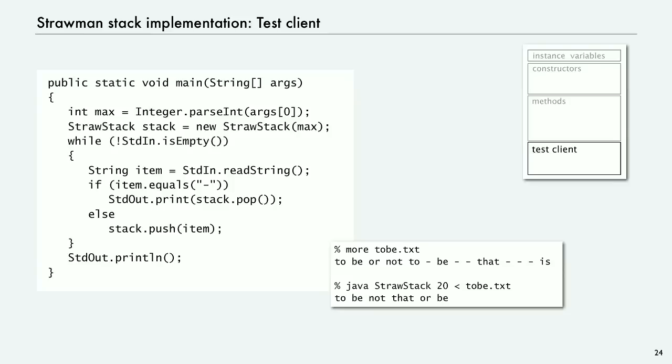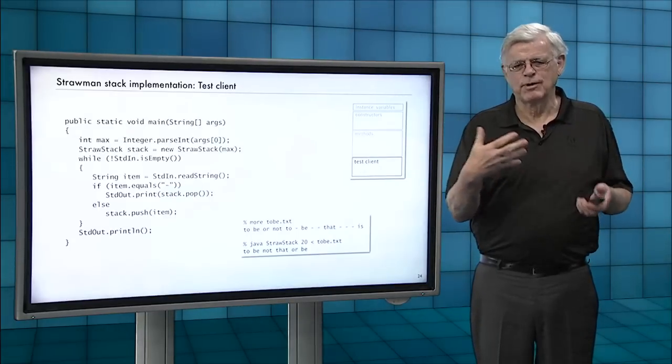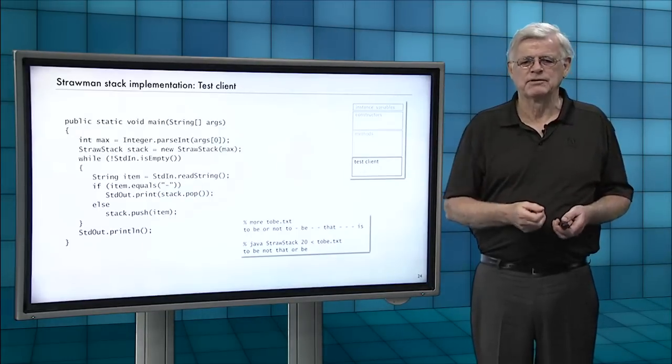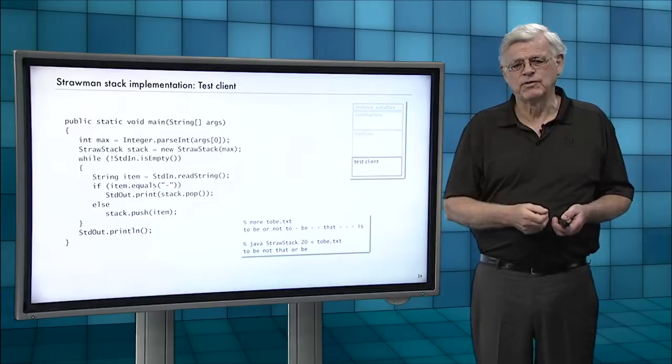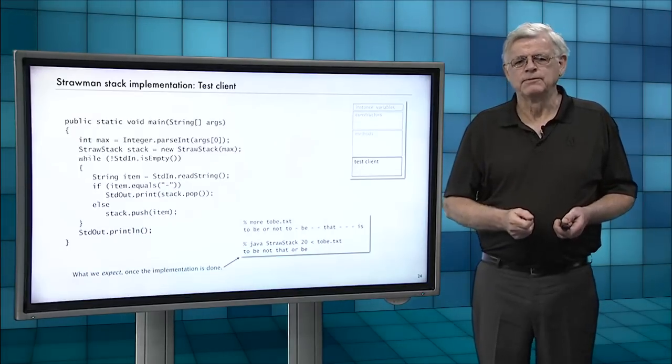If we ran this with max too small, then there'd be an error. And that indicates the kind of problem you have when you start talking about capacity, even with a simple test client. So that's what we expect the thing to do.